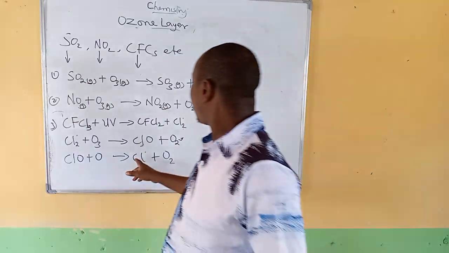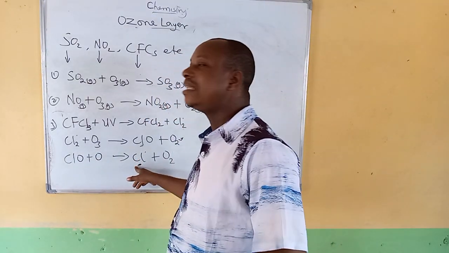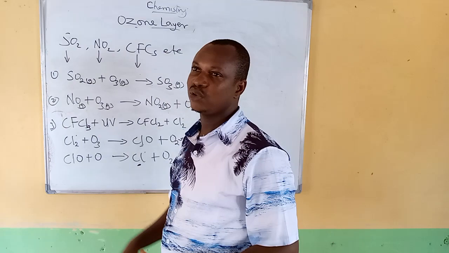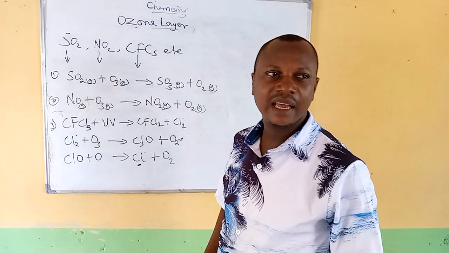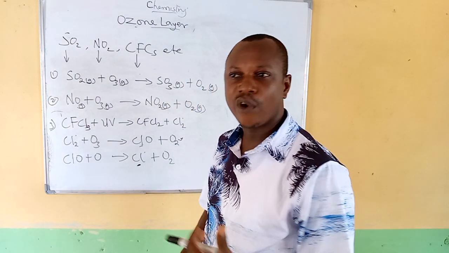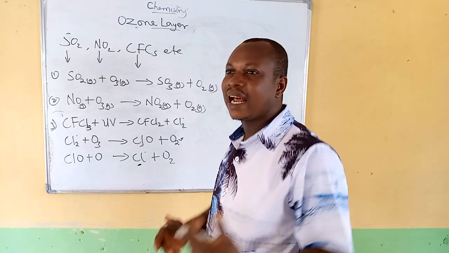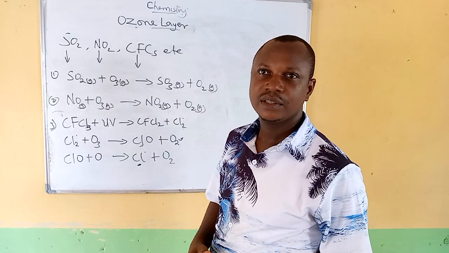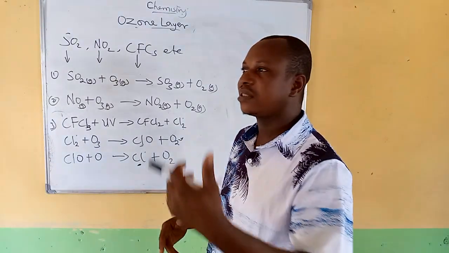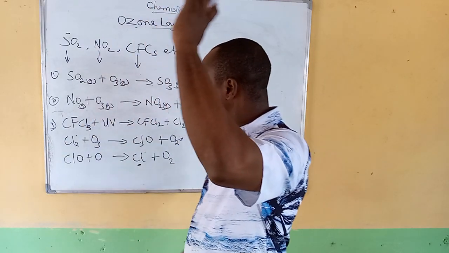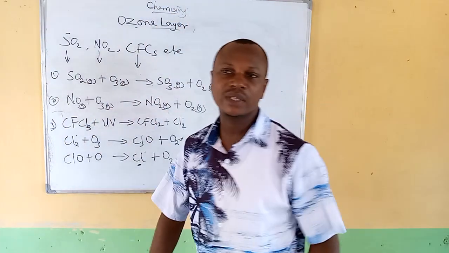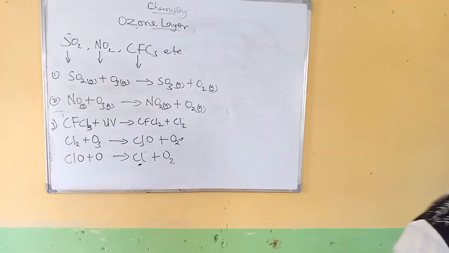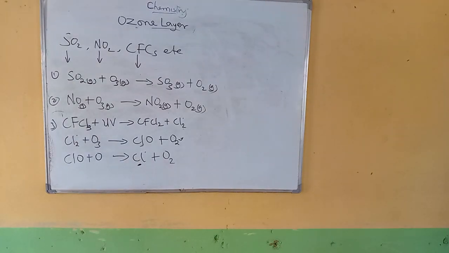If one chlorine atom can destroy 1,000 pieces of ozone, it means the way ozone is formed is less than how it can be destroyed. So no matter how much ozone is out there, one chlorine atom can destroy 1,000 pieces of it, and so on and so forth. But don't forget that ozone can be destroyed more quickly than it is usually created. I have said that before now.